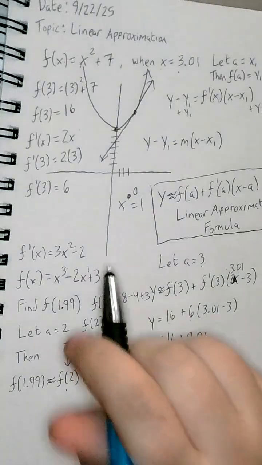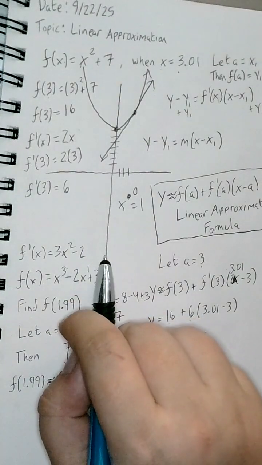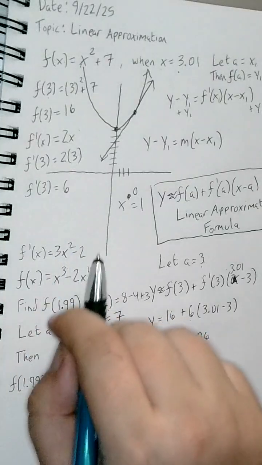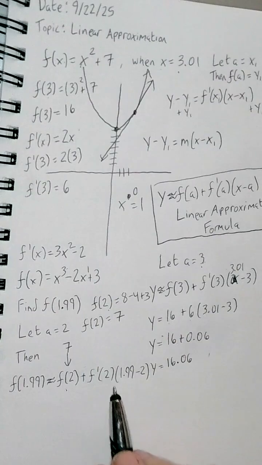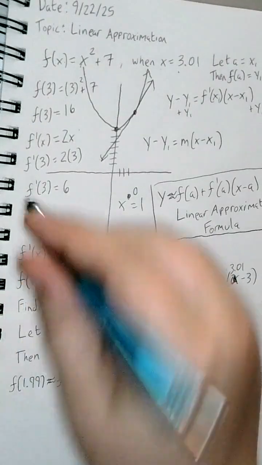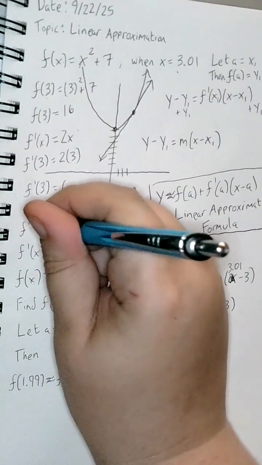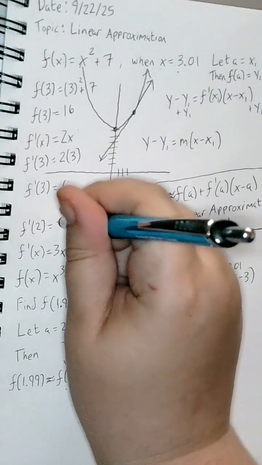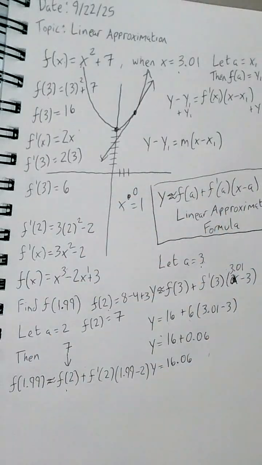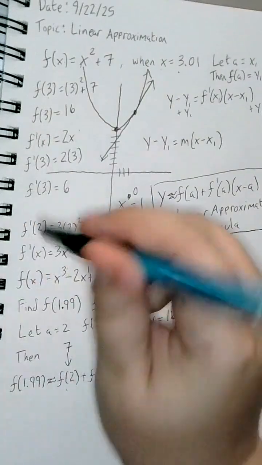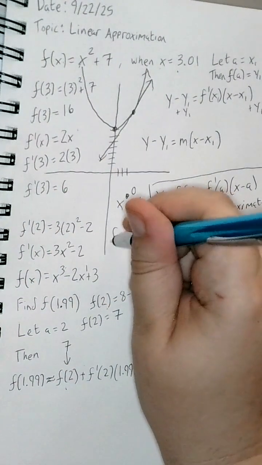Rather than include the times 1 and plus 0, I'm just going to leave it like this. Now, I'm going to plug my 2 into my derivative. So f prime of 2 is going to equal 3 times 2 squared minus 2. If that's the case, then what does f prime of 2 equal?